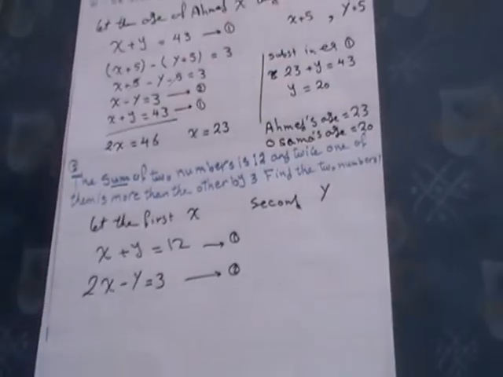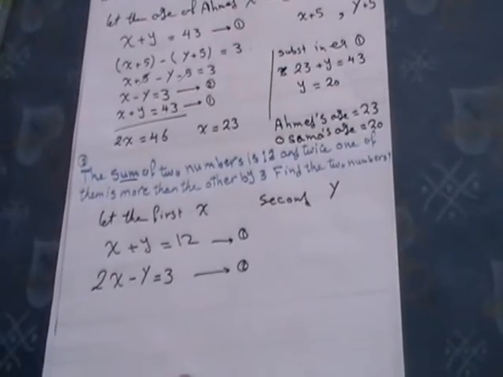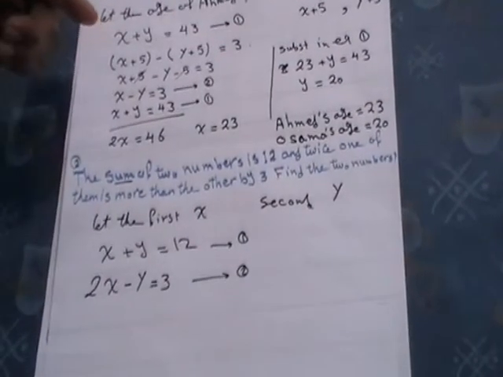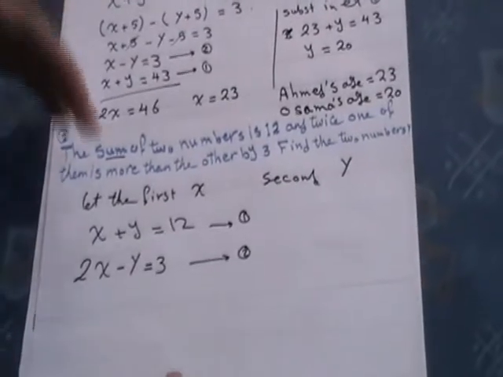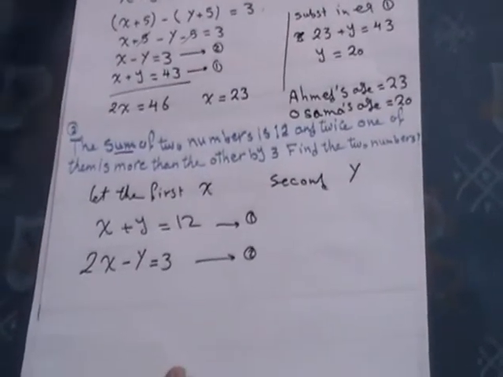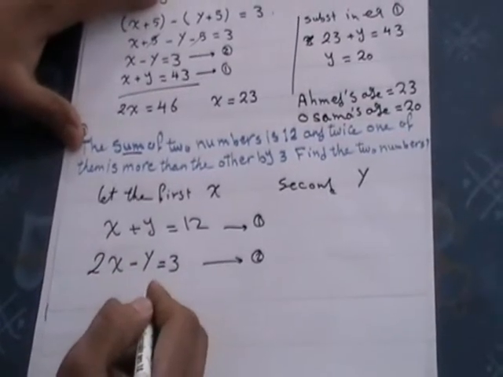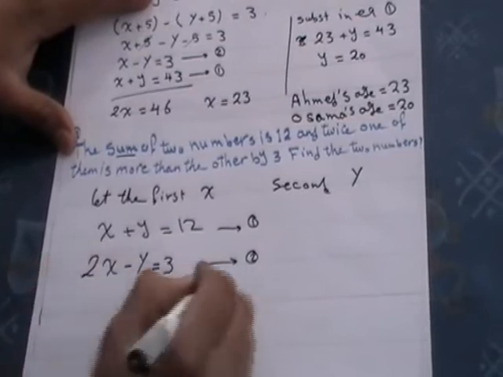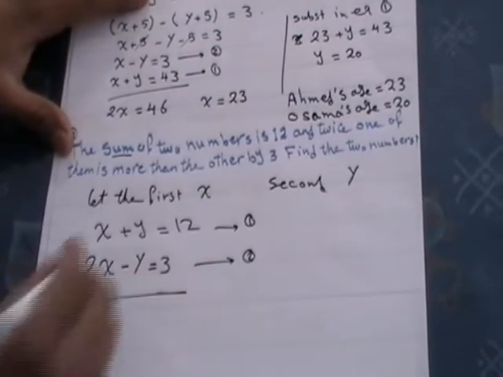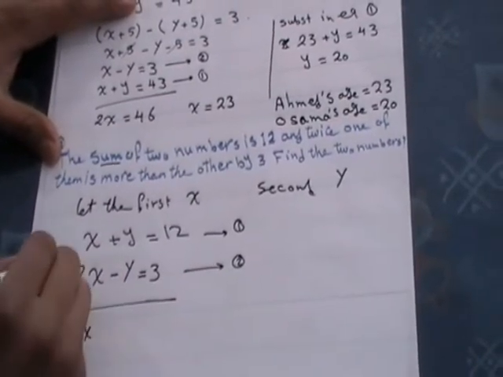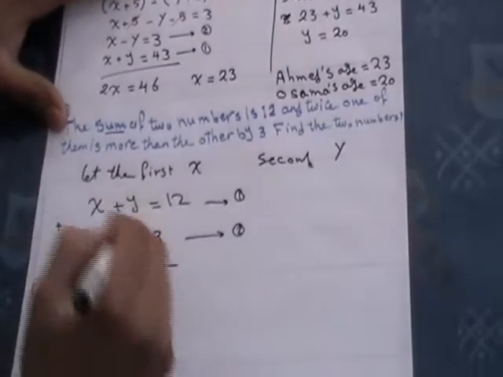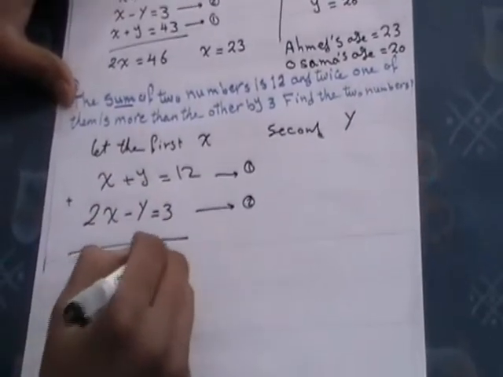So the most difficult step is forming the two equations, and it's not difficult because you only translate English into math. After that, using the elimination method, you can add the two equations together. So you will have 3x, and y will go with negative y. The sum will be 15.